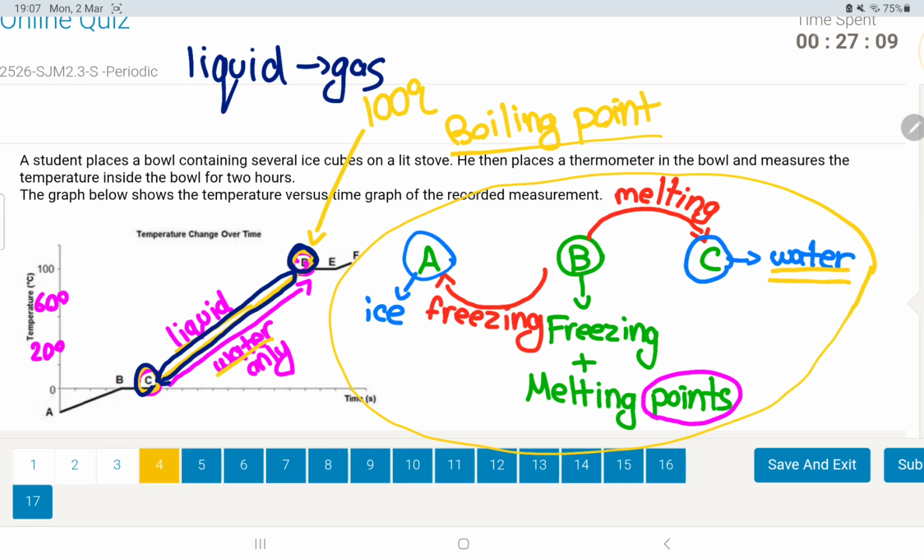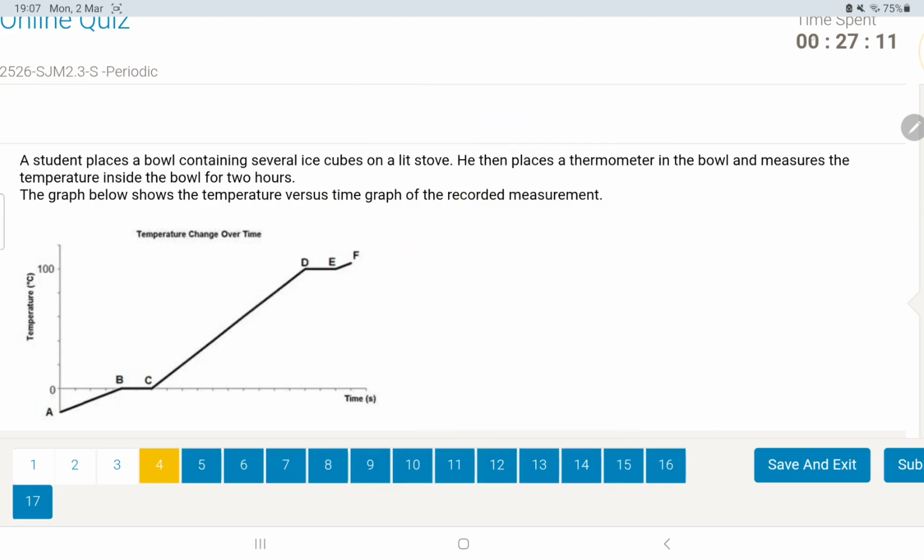So I'm just gonna remove this right now. Once again, C, khalas, it's when the ice melted, so it's water. And C all the way to D, it's also water. Until D here, we said it's the boiling point.